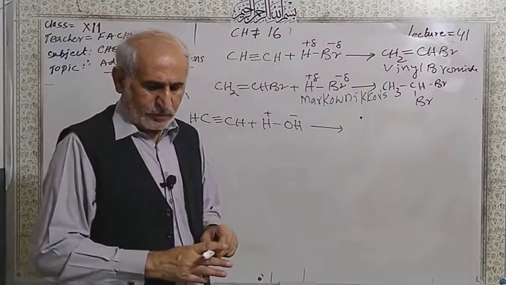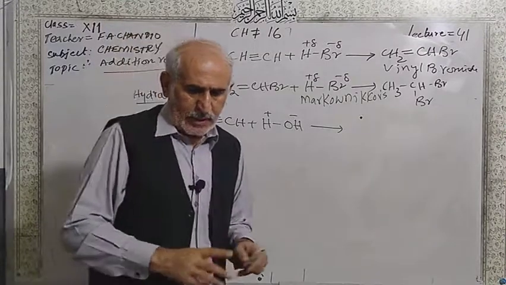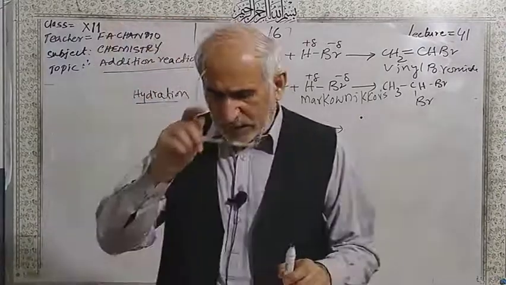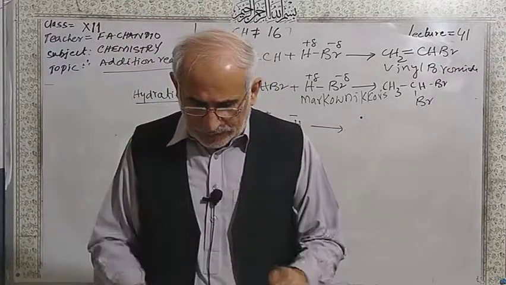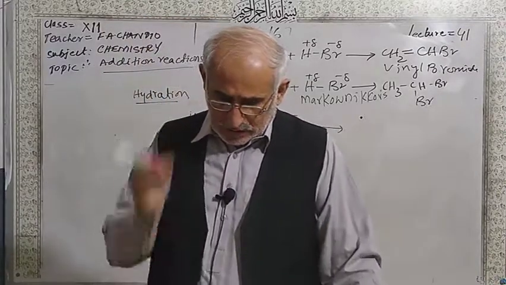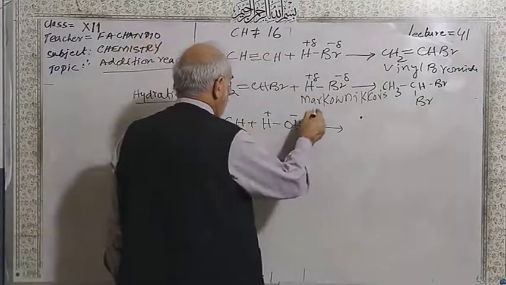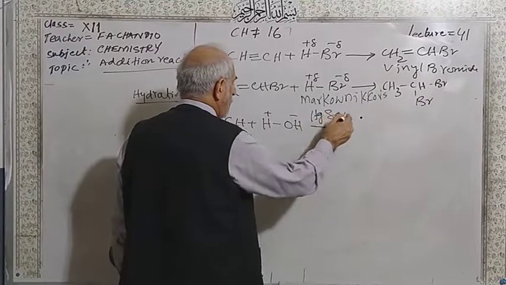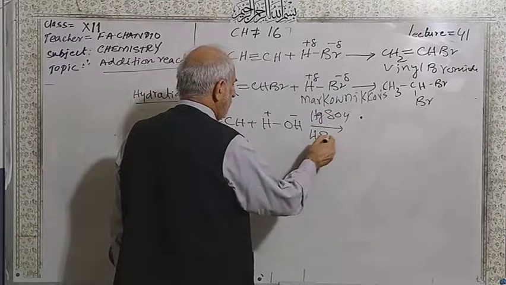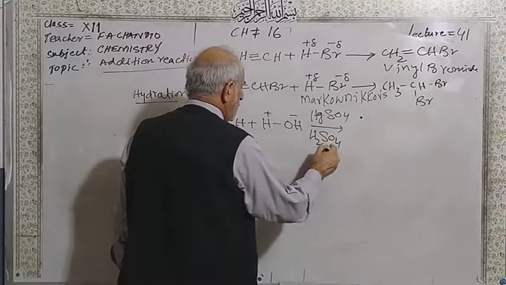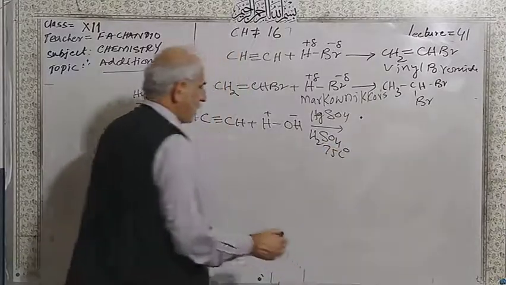mercuric sulfate and sulfuric acid, 75 degrees Celsius. Mercuric sulfate as a catalyst, dilute sulfuric acid, and 75 degrees Celsius.